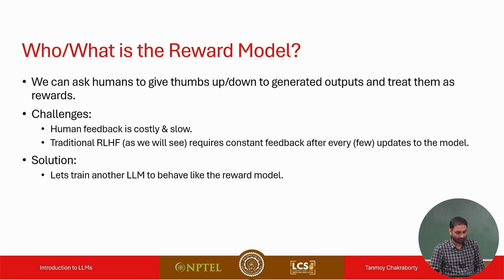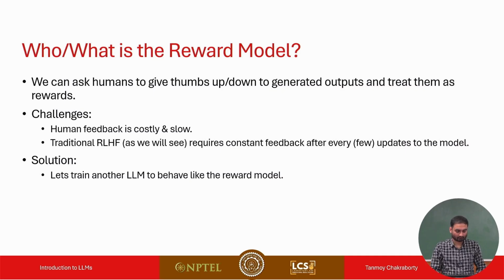All right, now let's talk about the reward model. Remember, we discussed something called the policy model. The policy model essentially generates the next action, and based on the next action and the reward, it essentially moves to the next state.